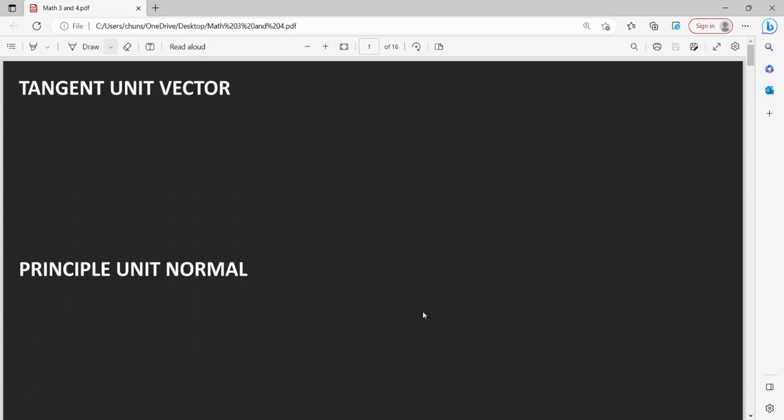Okay, so the very first thing that I want to talk about is tangent unit vector. So a unit vector has a magnitude of 1 and it defines direction for a vector.